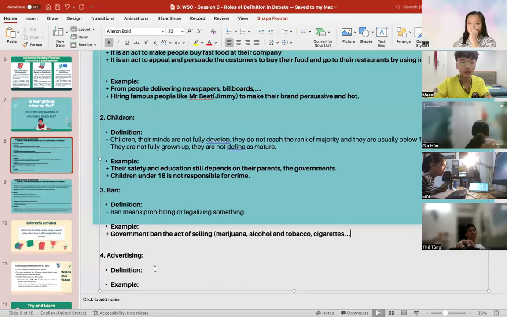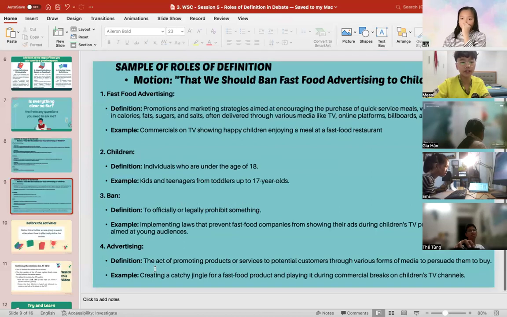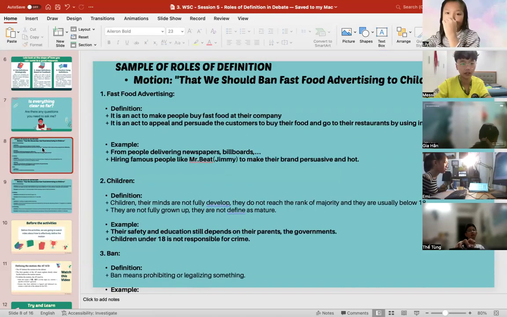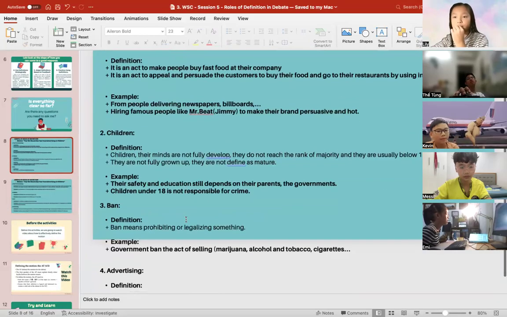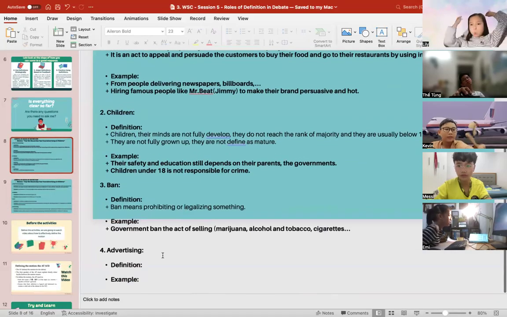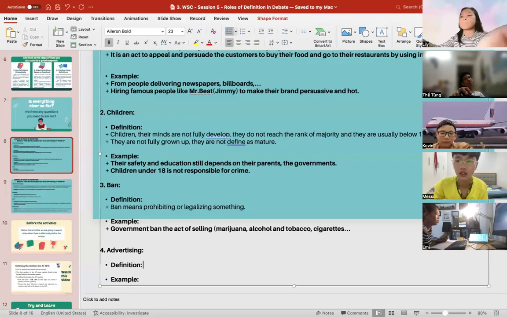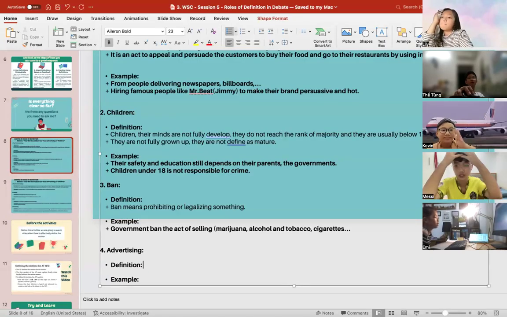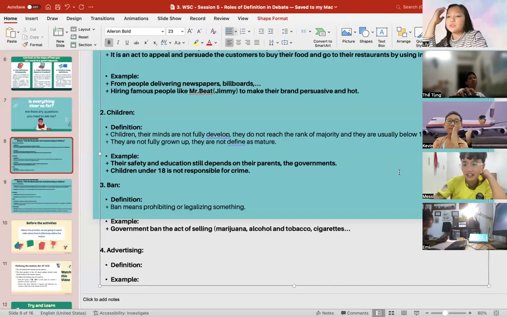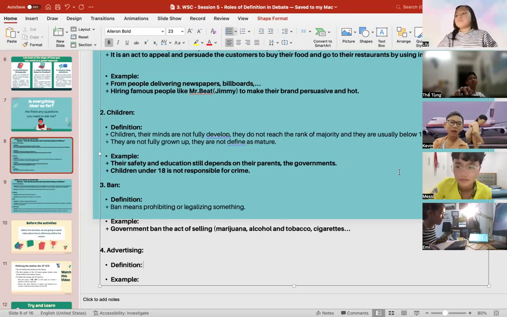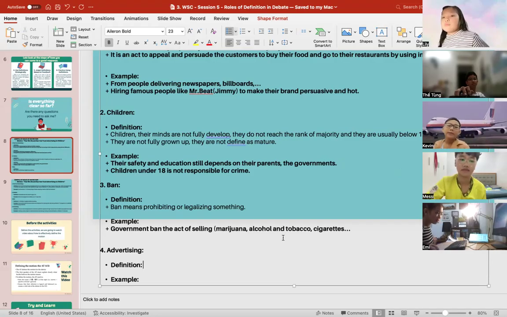Okay, who wants to give the definition for the word advertising? Advertising. Who wants to give the definition of the word advertising? Kevin. Okay, advertising.